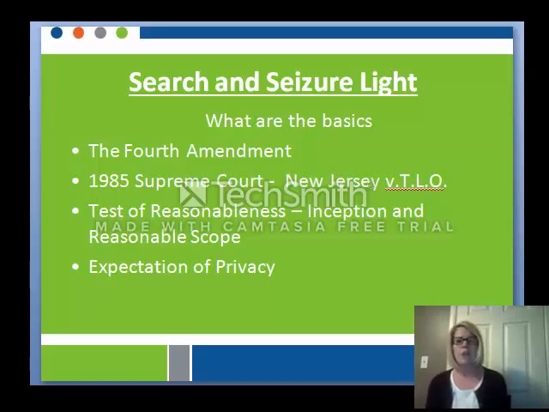This has all been set in precedent by the 1985 Supreme Court ruling in New Jersey v. T.L.O. In that case, the Supreme Court said that school officials are agents of the state, and therefore they must abide by Fourth Amendment search and seizure rights.